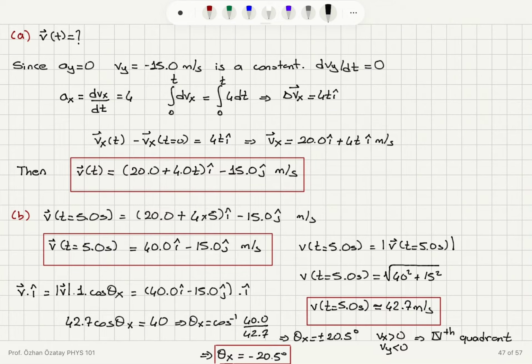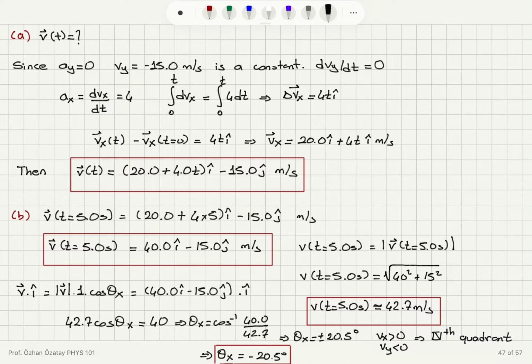So I used the relationship between acceleration and velocity. Acceleration is dv/dt for instantaneous acceleration. Since a_y is 0, the y component is a constant of the motion, and integrating the x component over time from 0 to t gives the change in the velocity vector. So I find the velocity vector as a function of time to be (20 plus 4t) i hat minus 15 j hat. If you put t equals 0 here, you obtain the initial velocity.